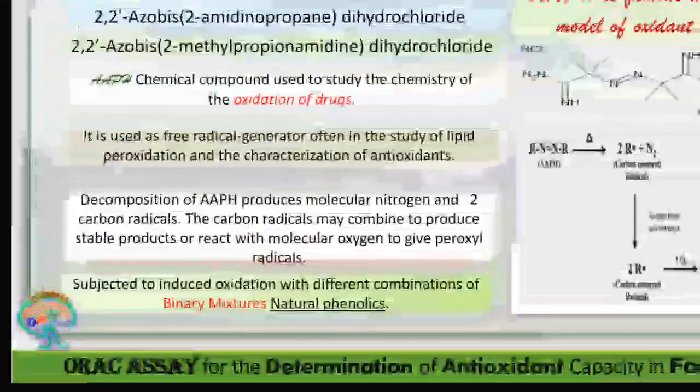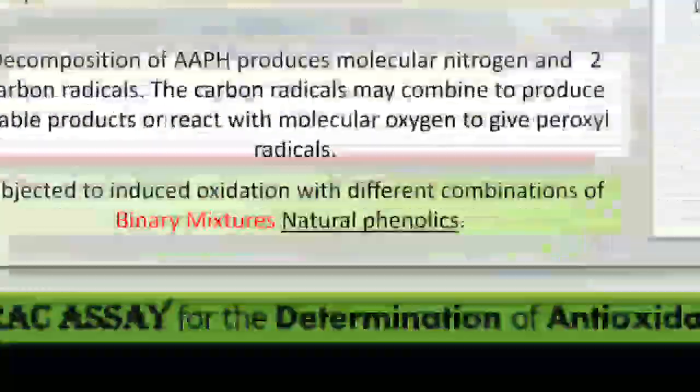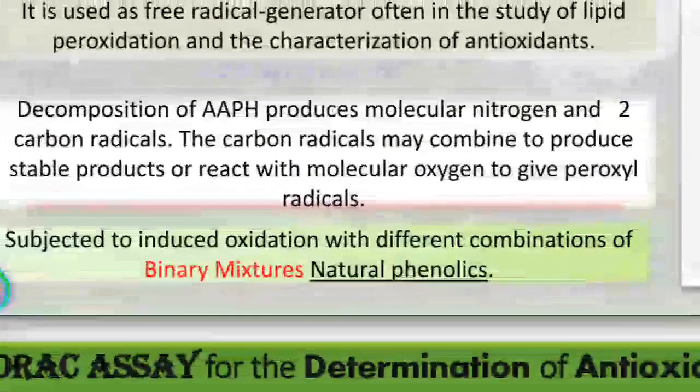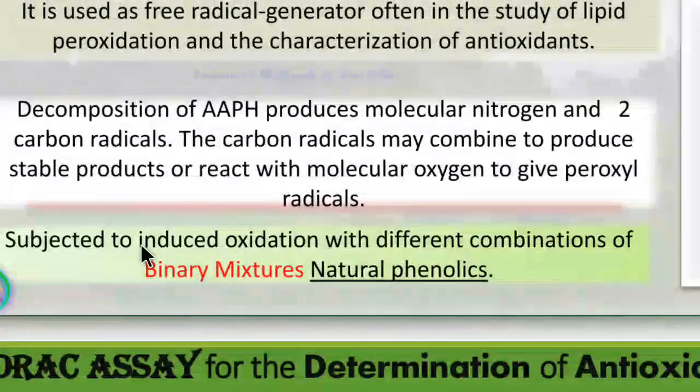Now further, in some cases it will be subjected to induced oxidation with different combinations of binary mixtures like natural phenolics. So here also it is a similar kind of reaction where the oxidation will be induced to make the AAPH a free radical initiator.